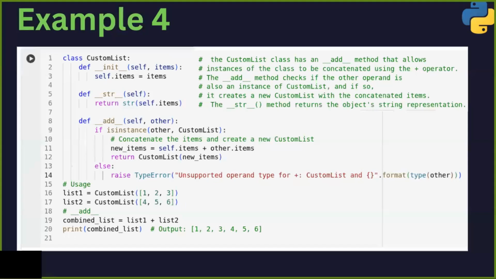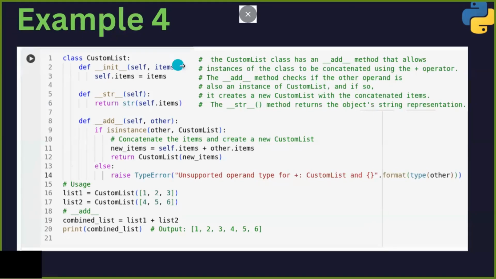And the other example of this magic method is __add__. You can use add in different ways, but here the purpose is to add two or more things together, and we can also use it as concatenation to concatenate lists.